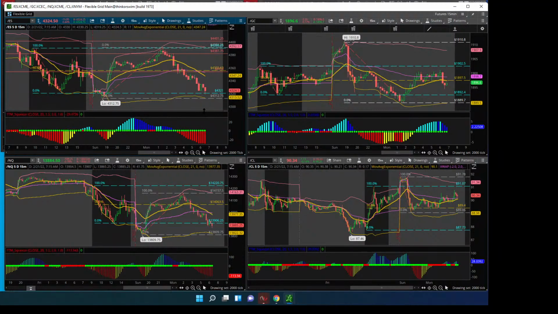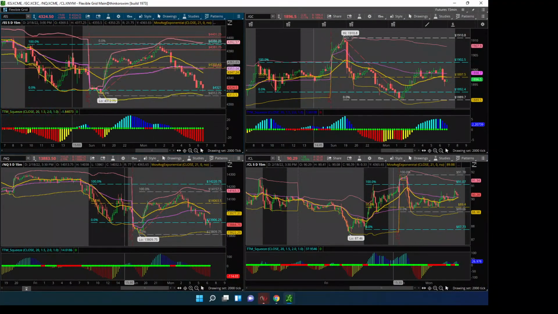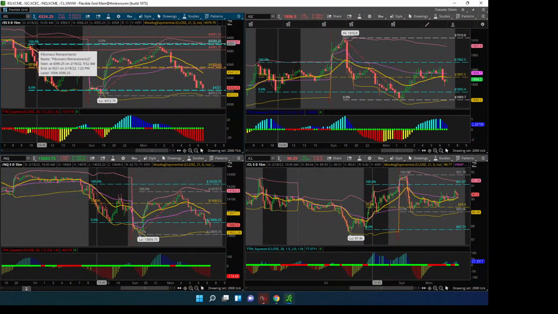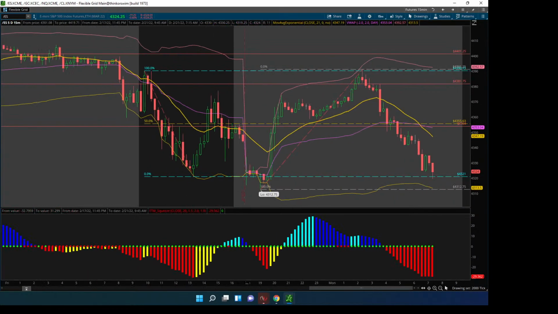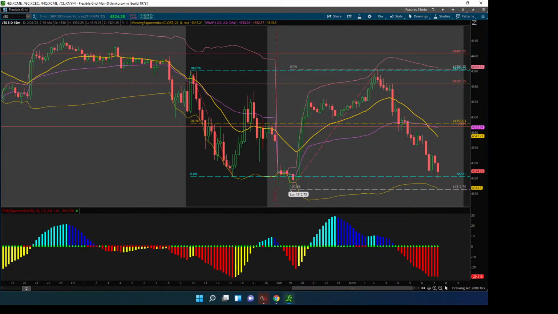So what you see in this chart here is the high of the previous day. Let me expand this. So this is 15 minutes, and you see that I have the previous high on, in this case ES, right? I have the previous high, the previous low, and then the midpoint in between the previous high and the previous low.